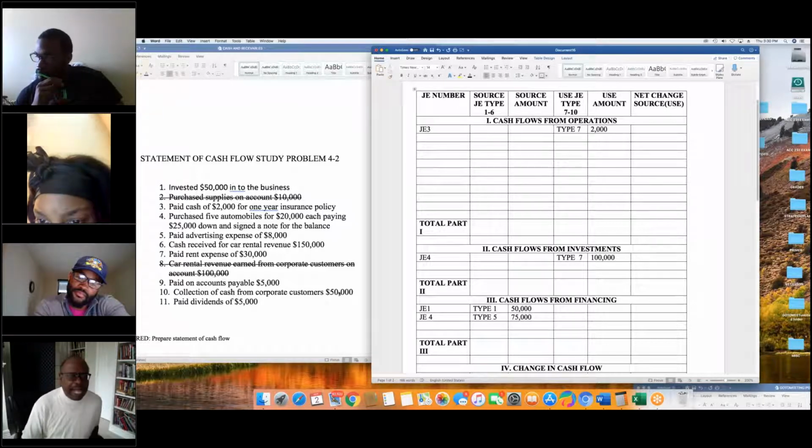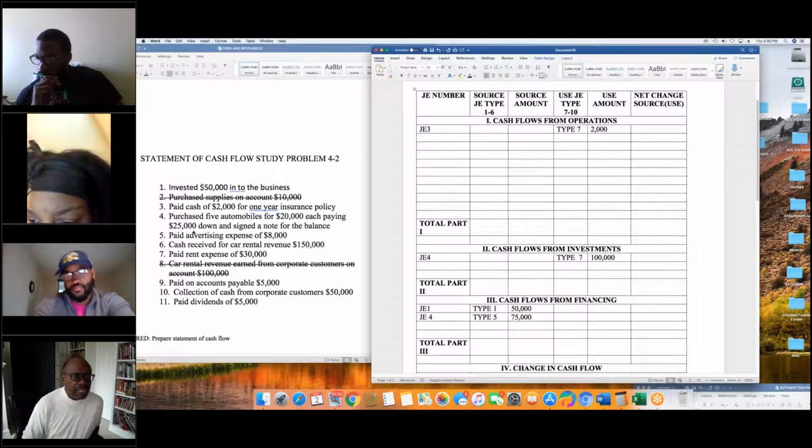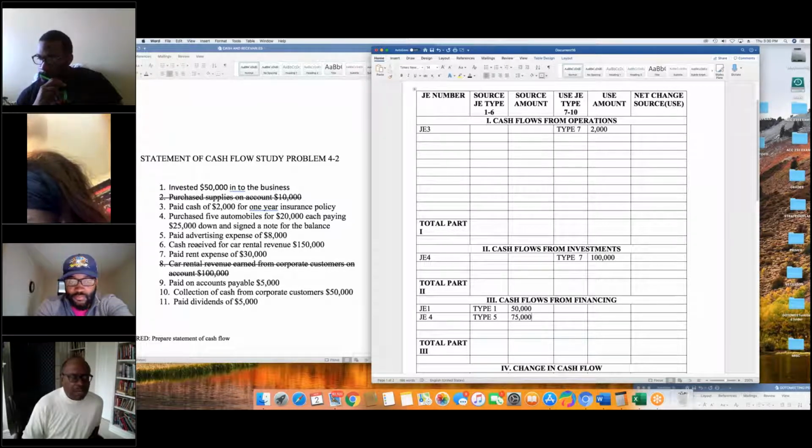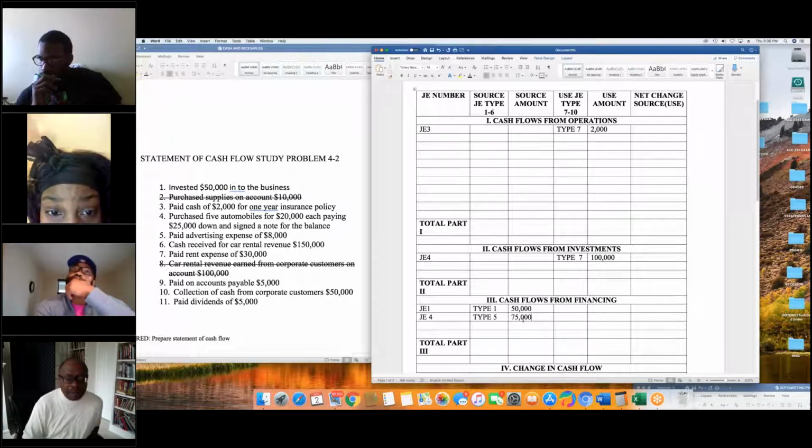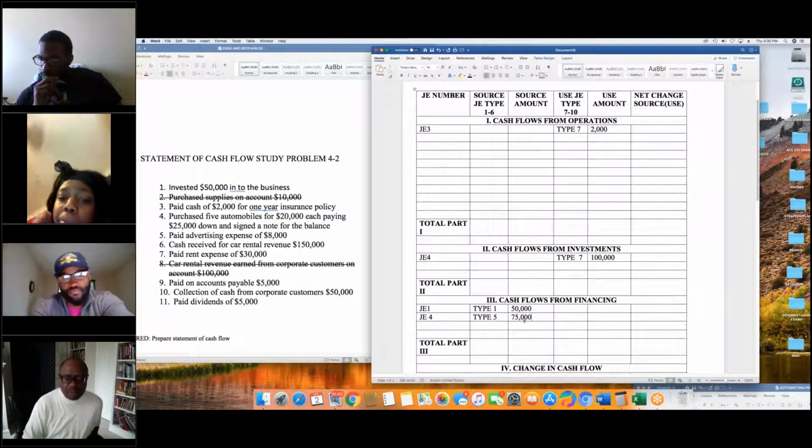So we net back to the 25,000 we paid down. Our cash will be in line, but we're showing that we bought the autos for 100,000, and the bank paid 75,000 of it for us, and we're going to have to pay the bank back. So that's why it's over here as a source.